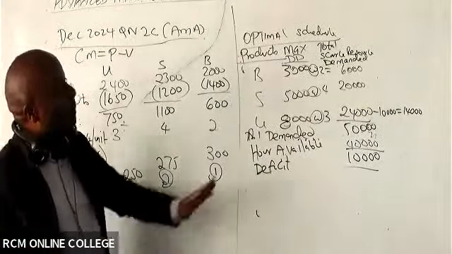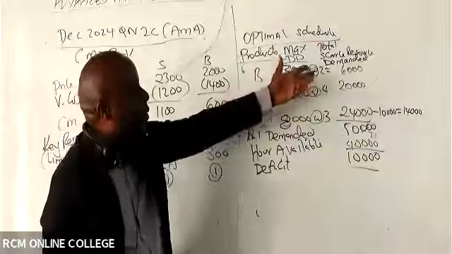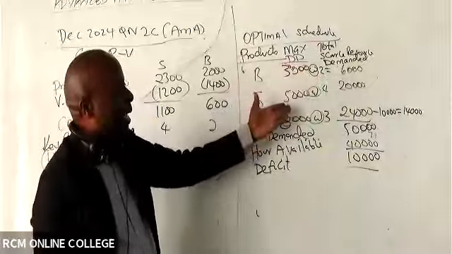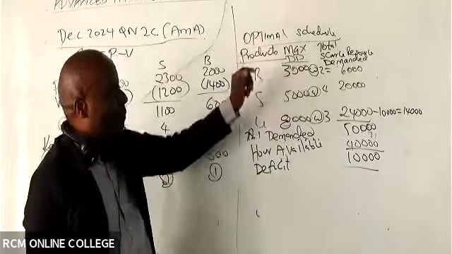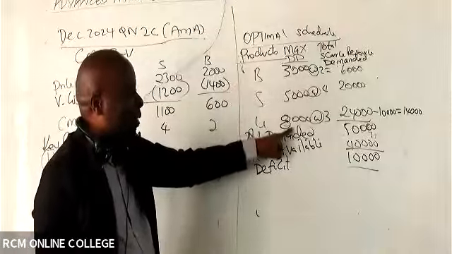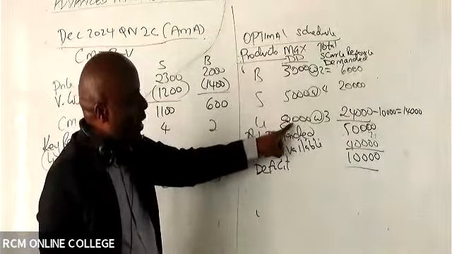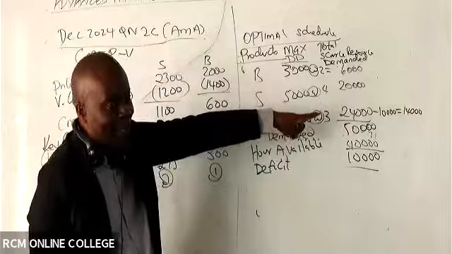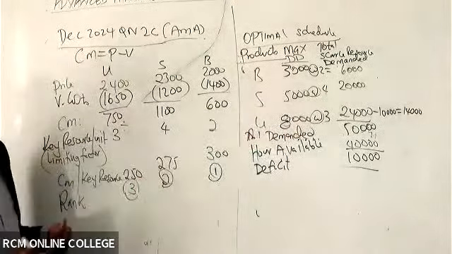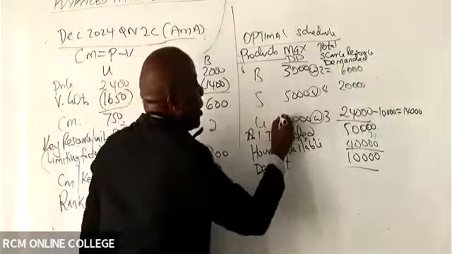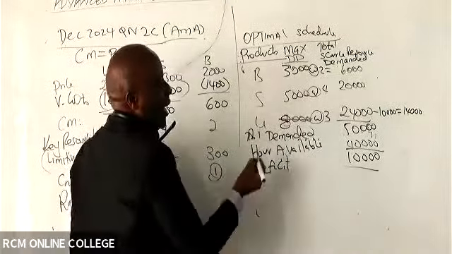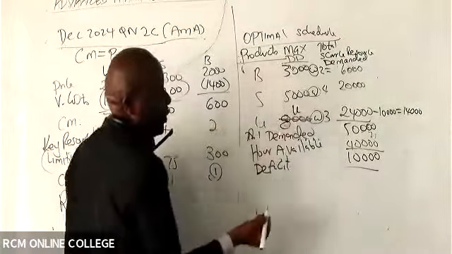So meaning that B, I will still produce 3,000 because I have not taken from B or from S, that will remain the same. But when it comes to U, I can't produce 8,000 because I only have 14,000 hours available. So this is not achievable. I must cancel that, and I call this small u.